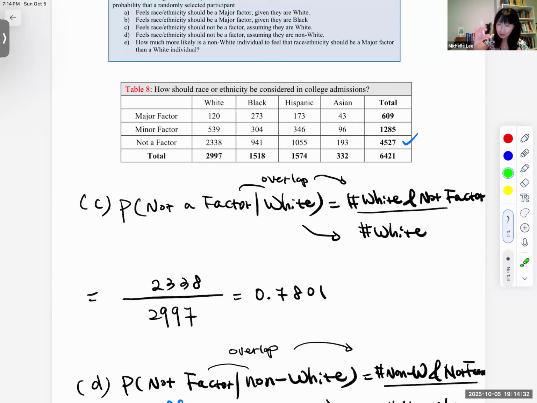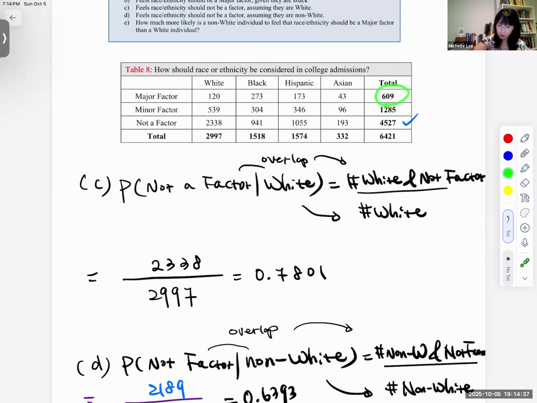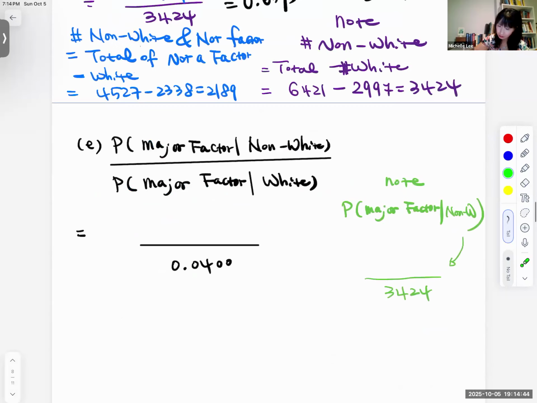Make sense? Let me write down. Major factor, non-white. So there will be 609 minus 120. We get 489.